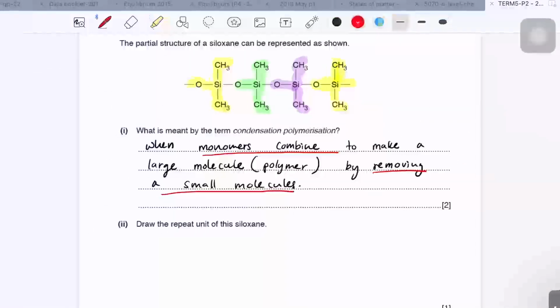So then when we draw it, we can draw it like this. So oxygen, silicon, 2 methyl groups. But you need to put a line to the silicon also. That's the unit. Because silicon, just like carbon, form 4 bonds, guys. So you need to put a line to silicon as well.